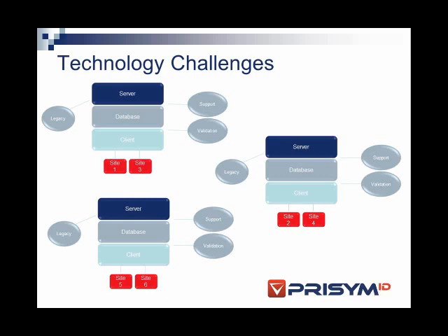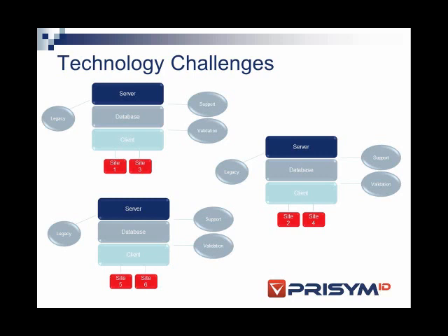As we can see here, with multiple servers, database and client technology across 3 different sites, this leads to ongoing multiple application changes, and that means management challenges are multiplied for each solution across each site and each platform. So it's an exponential growth.